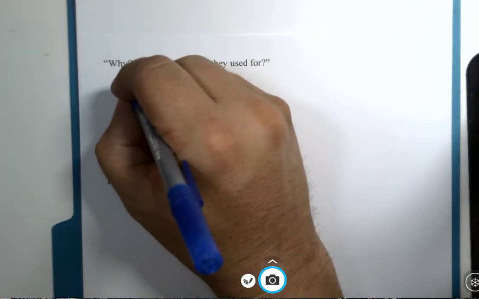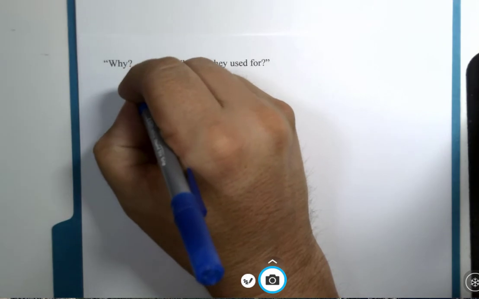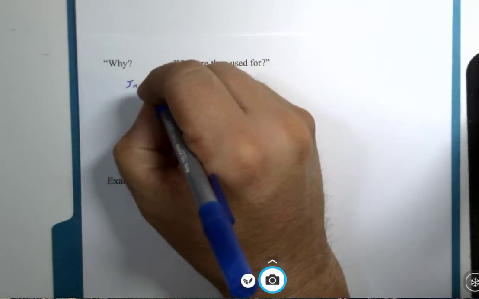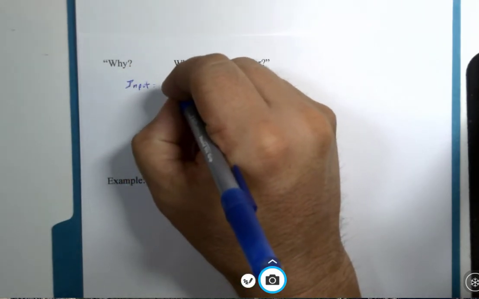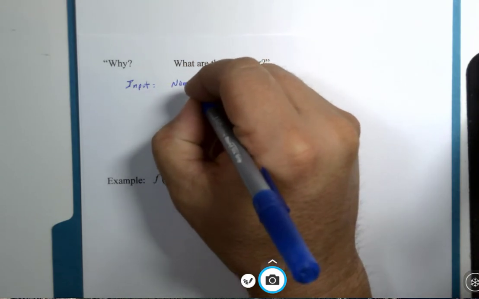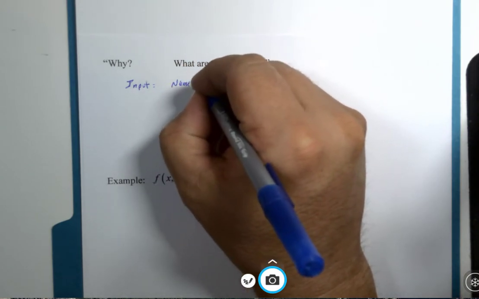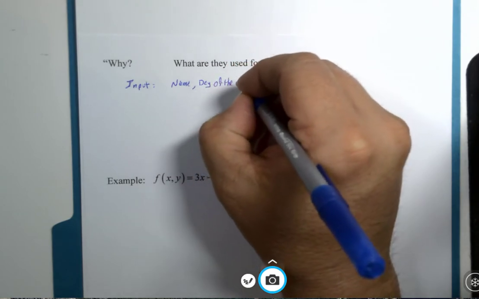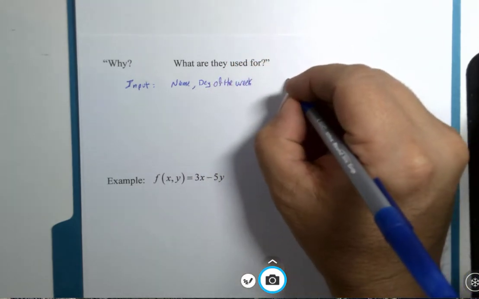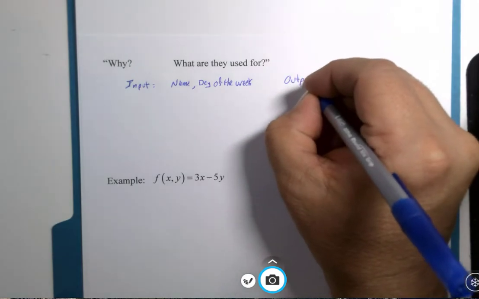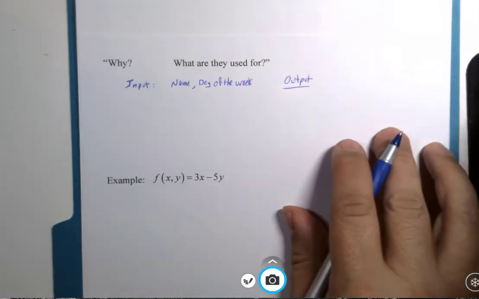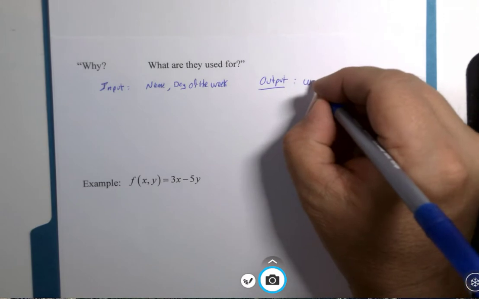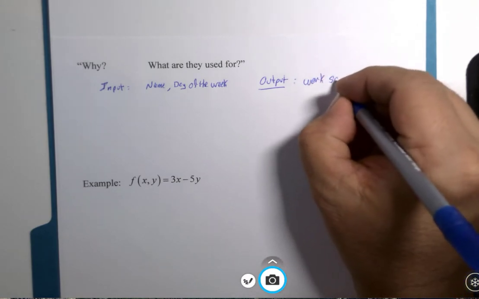If you put in, we'll call this the input, your name and the day of the week, the output might be your work schedule for that day.